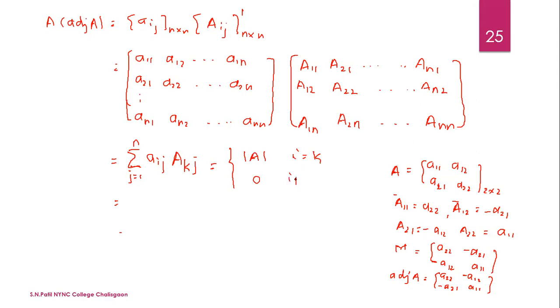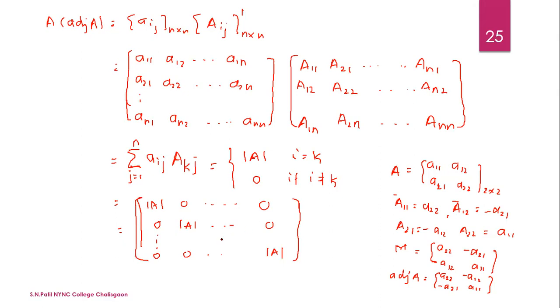Otherwise, if I is not equal to k, then it is 0. Directly simplifying, we get determinant of A, 0, dot dot dot, 0, the last row 0, 0. So this is the matrix.